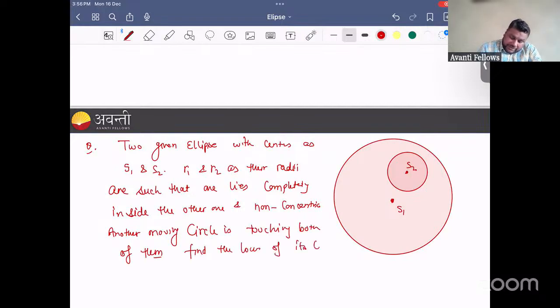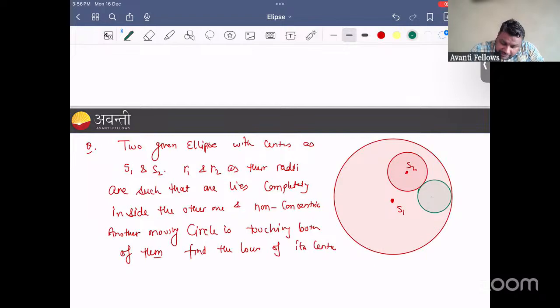Locus of its center. That means now there is another circle like this, and the circle is touching both of them like this. So definitely this green circle you see, its radius is also increasing or decreasing. It is touching both the circles.